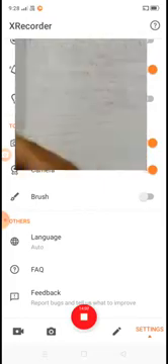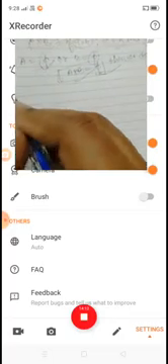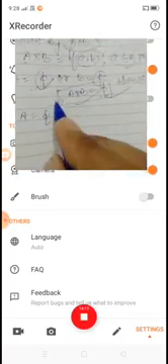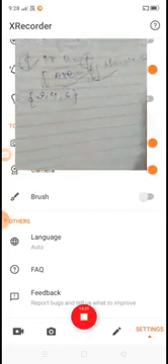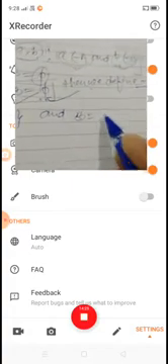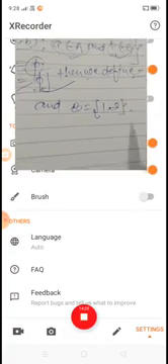Let's see an example. Suppose set A is equal to {2, 4, 6} and set B is equal to {1, 2}.